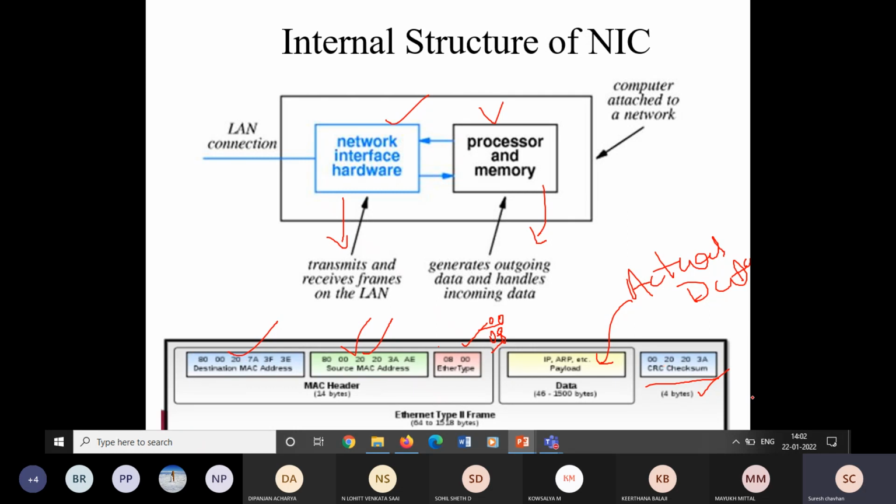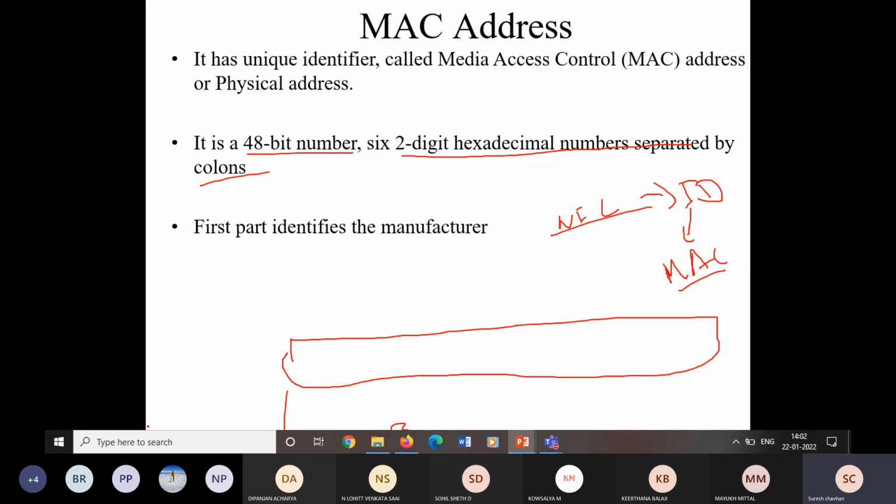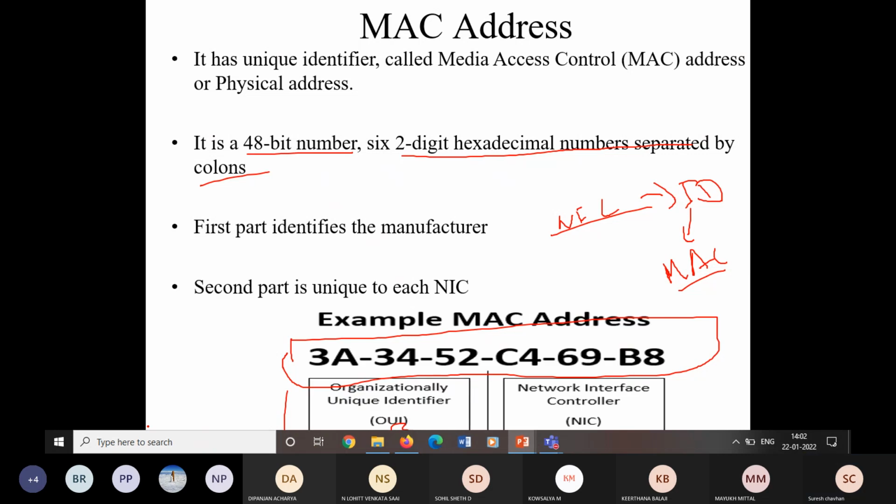This complete structure they call the frame, right? In the data link layer, the frame goes. And the network interface card is identified using a 48-bit number, which is a total of 6 bytes, right?